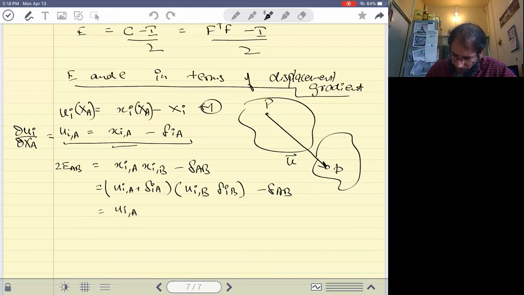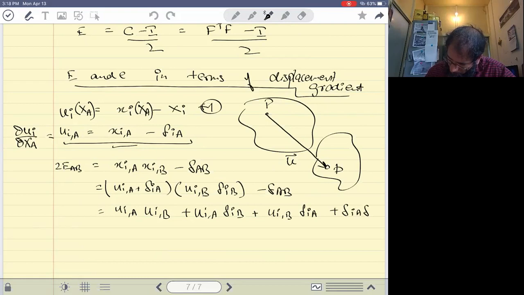So we can expand this form. We have simply expanded the brackets and we get these terms.